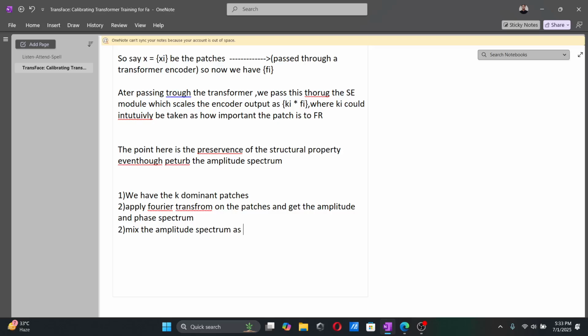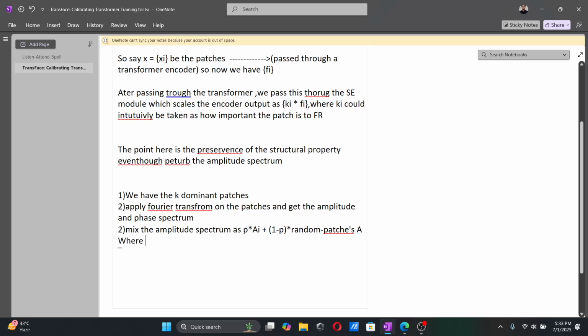Spectrum as P into A_i plus 1 minus P into random patches' amplitude, right?